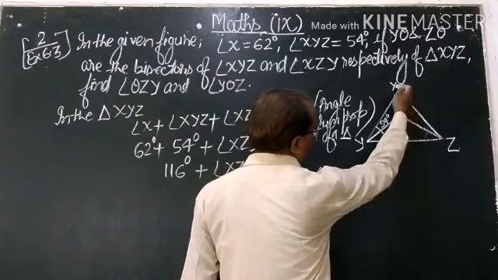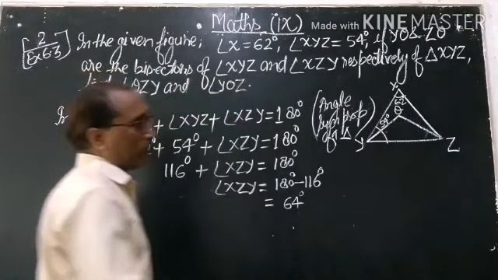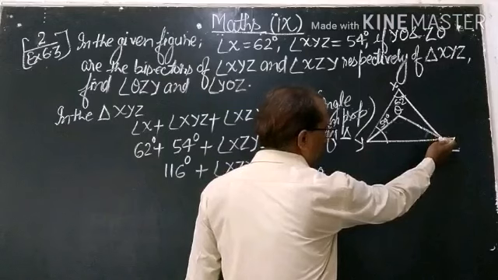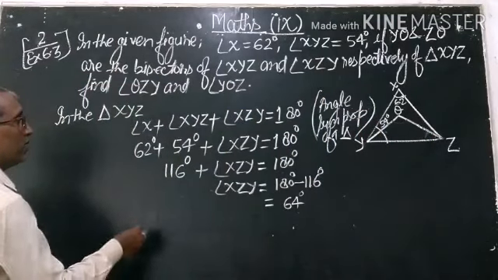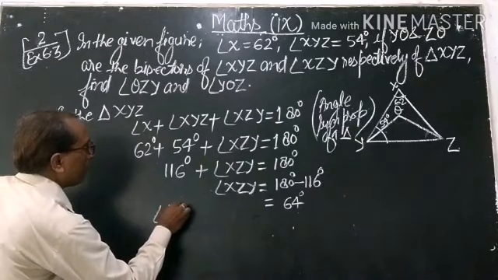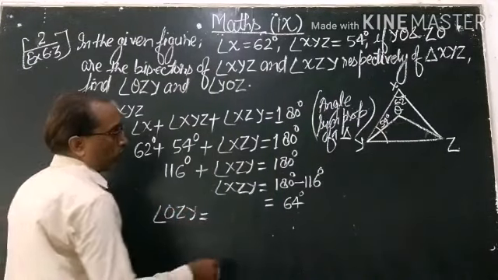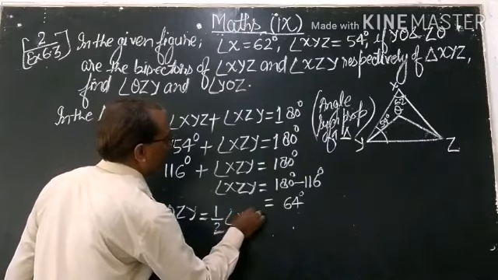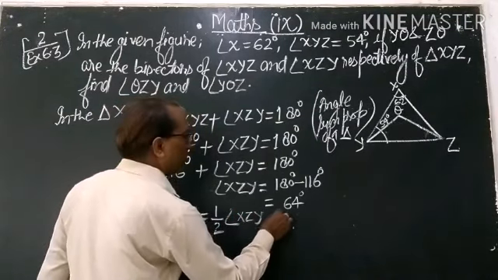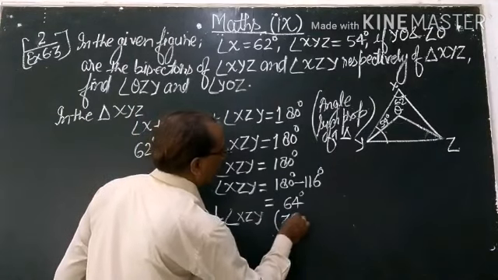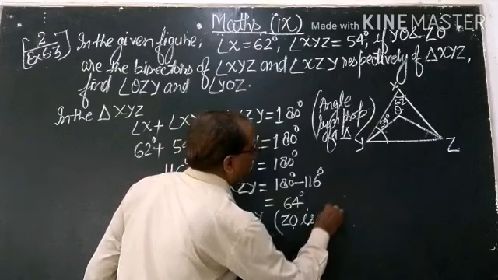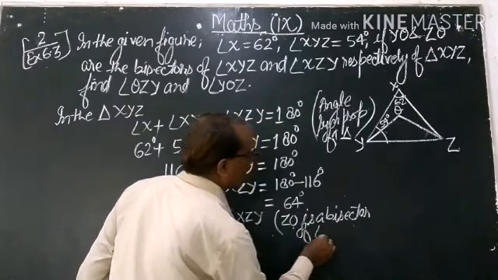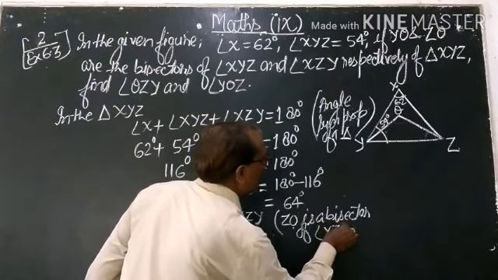Here, ZO is the bisector of XZY. Therefore, angle OZY is equal to 1 upon 2 angle XZY, as ZO is a bisector of angle XZY.